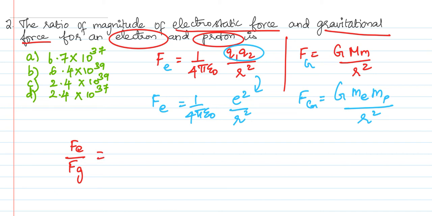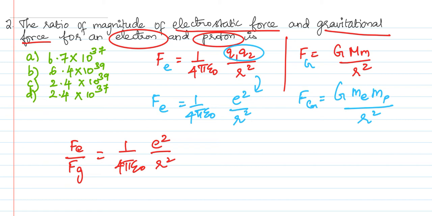I can write both the formulas, and then how I will be getting the final answer: 1 by 4 pi epsilon naught e square by r square, and then divided by, you will be having another r square also over here, that will also go to the numerator.